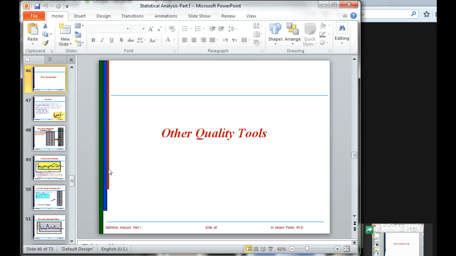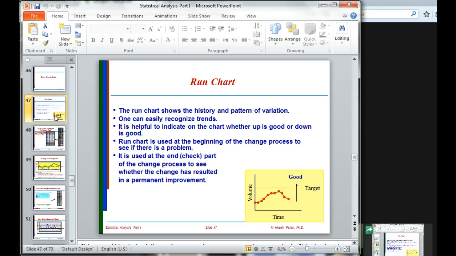So I was talking about the other quality tools that we didn't finish talking about last time, and one of those is the run chart. A run chart is when you plot performance, output, errors, whatever measures are of interest to you, against time, and that plot shows whether or not things are getting better or worse, depending on the direction.